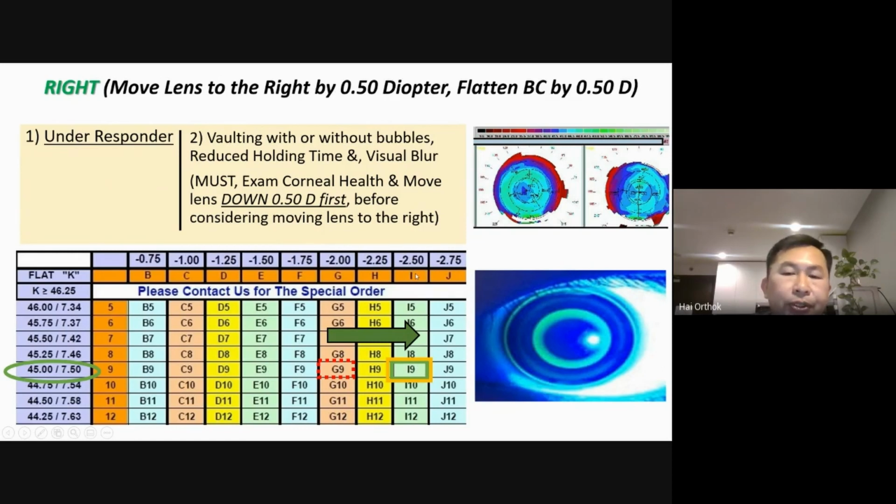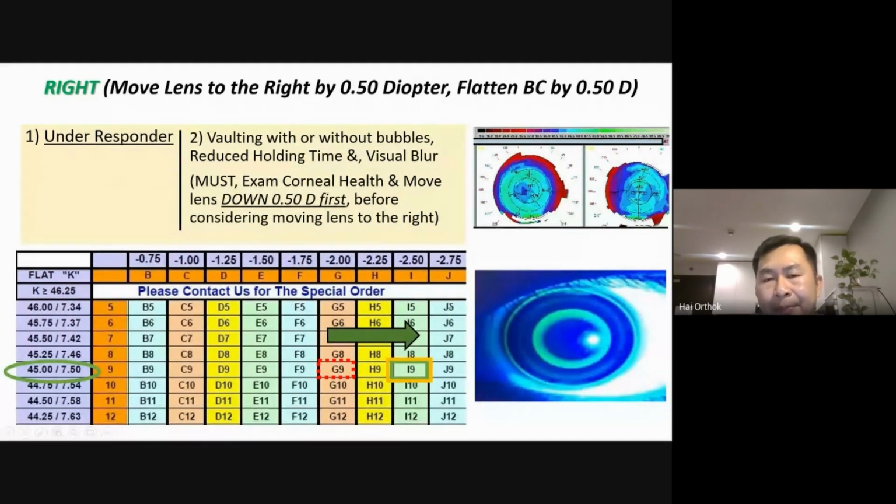So now I will use -2.5 to correct -2 diopter. When we do so, we will change the base curve right here. The -2.5 lens is flatter, half a diopter flatter and stronger in the central cornea. The reverse zone will change accordingly, and the alignment curve will stay the same.